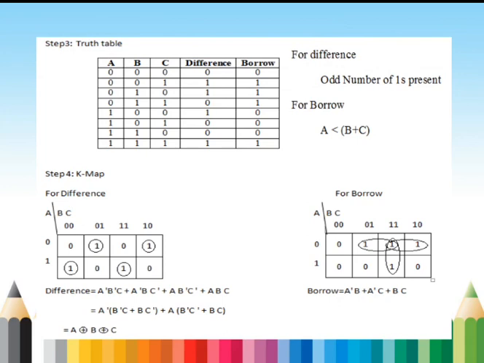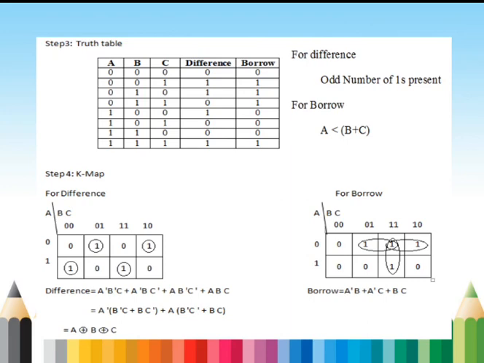For input 0, 0, 0, there is no odd number of ones present, hence difference is 0. And it does not satisfy the condition A is less than the sum of B and C, hence borrow is also 0. For input 0, 0, 1, yes, an odd number of ones is present here, hence difference is 1.